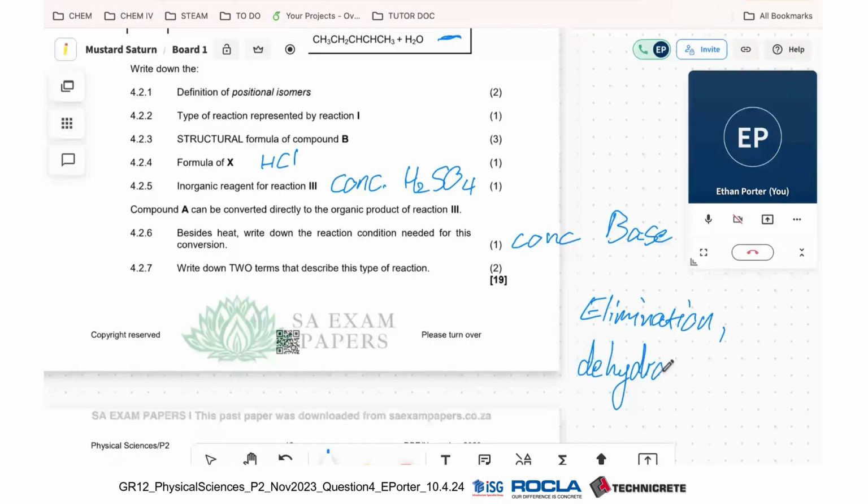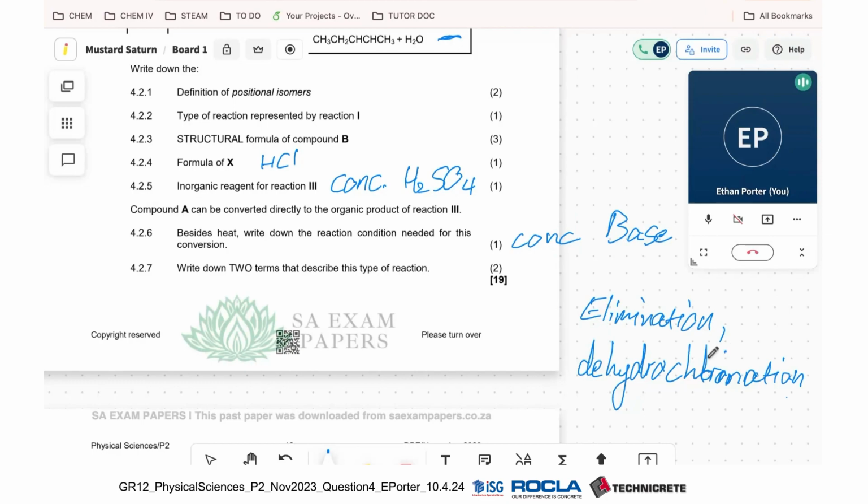Dehydrochlorination is also correct. I think it's spelled this way with an I here.